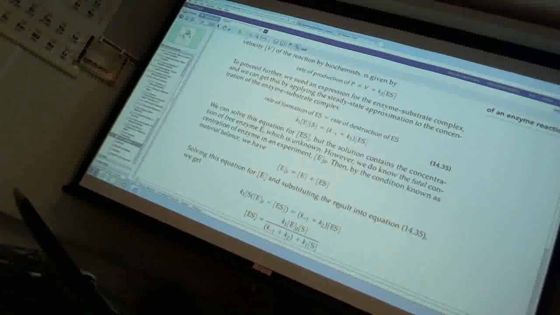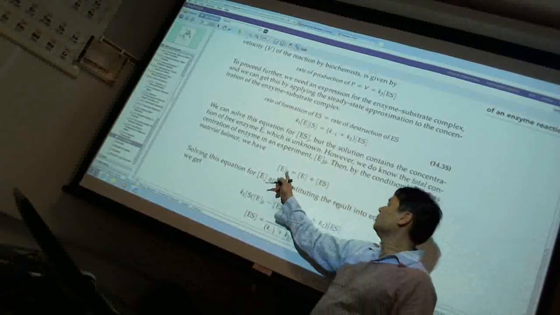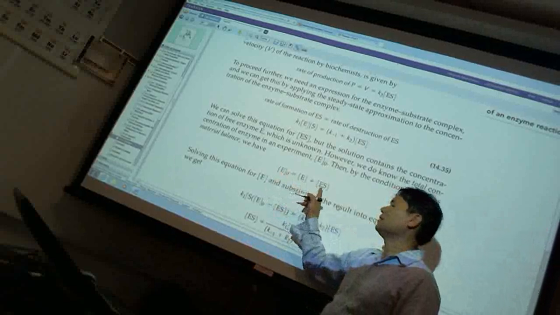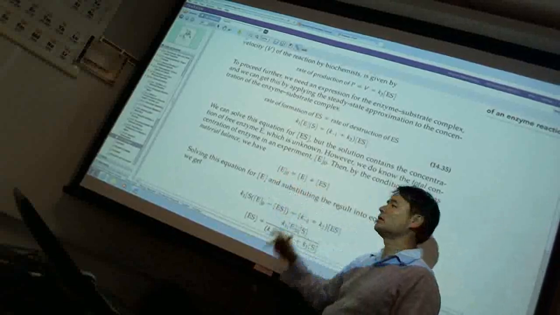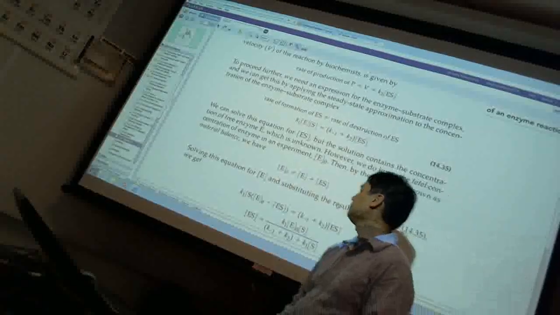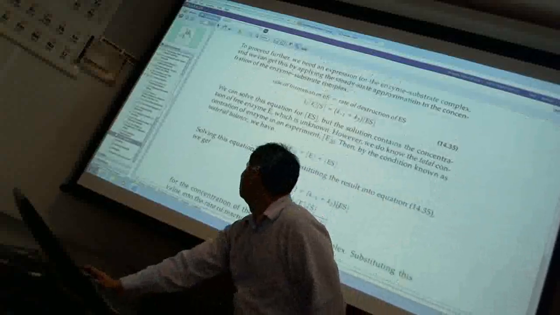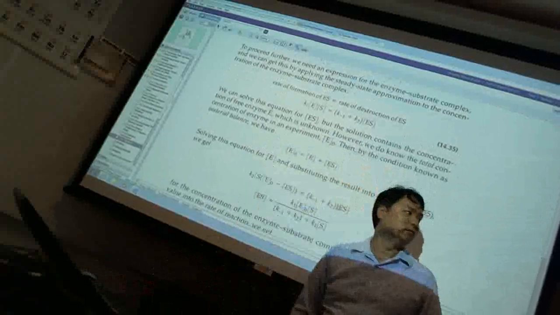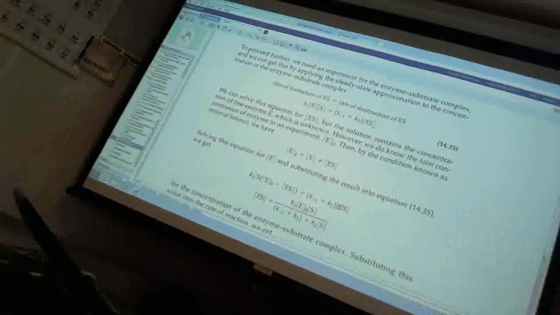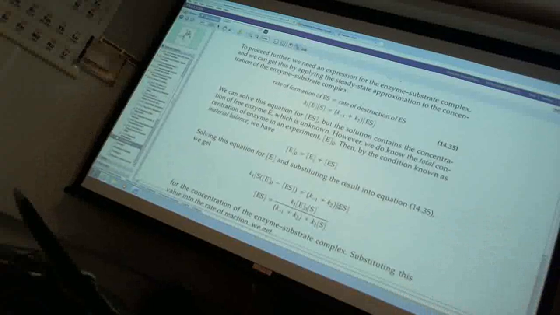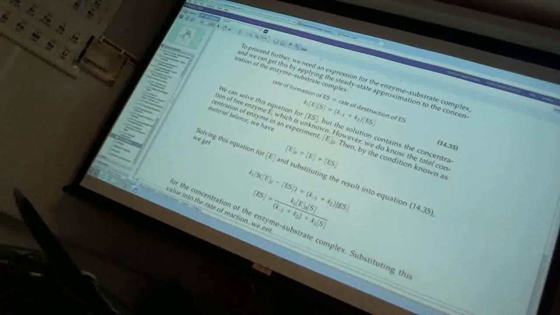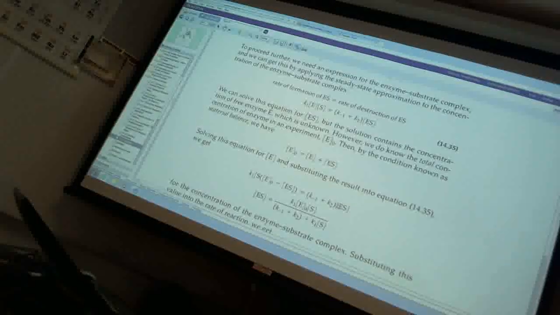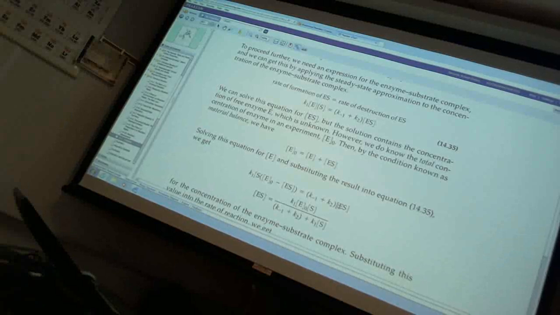That's this equation here. The total enzyme is going to equal the free enzyme plus the complex enzyme. Okay, then we solve this for the free enzyme concentration. So the free enzyme concentration will equal the total enzyme minus however much is complex at the given time.